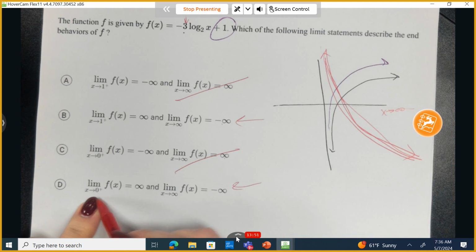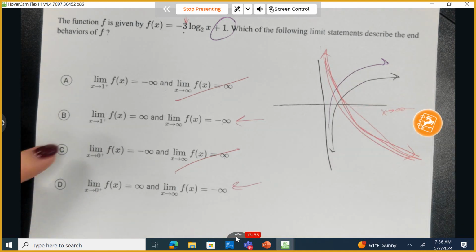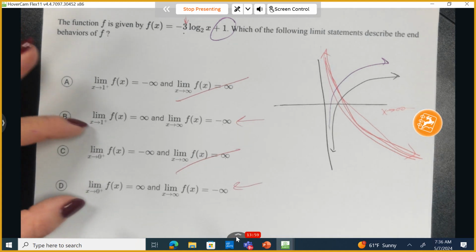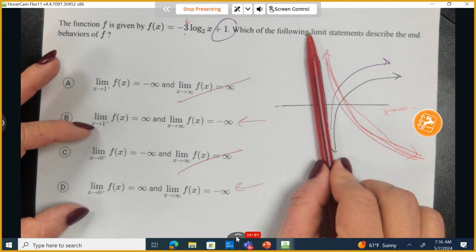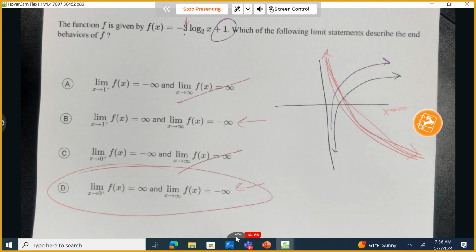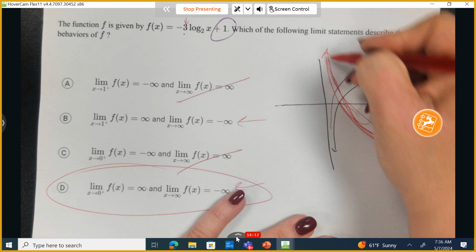As we approach 0 from the right-hand side, it's also going up. But this is important, does anybody know what the vertical asymptote is going to be when we talk about log functions? Is it 1 or is it 0? It's 0. So our correct answer should be here. This should be our correct answer. At 1, real quick by the way, it's not approaching infinity.